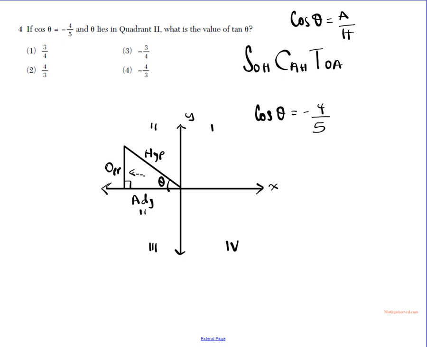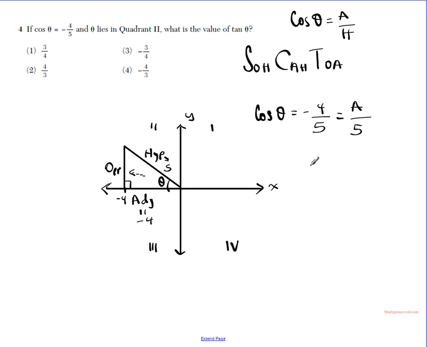So my adjacent is negative 4 right here. If I measure it back, this will be negative 4. So my adjacent is going to be negative 4, and my hypotenuse, the radius, is going to be 5. So the hypotenuse is 5. This whole length right here is 5, and this length right here is negative 4.